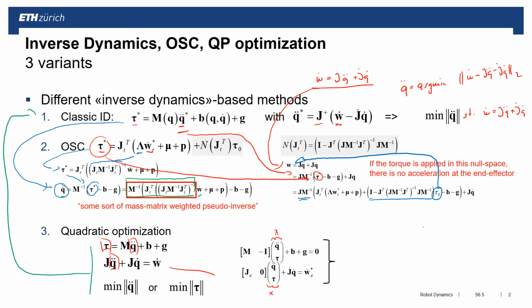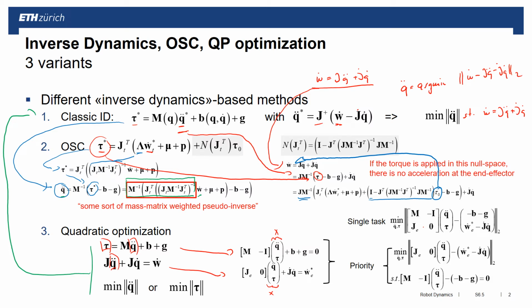And we formulate this task and this task as a function of x. And then we have an objective, which is also a function of x, and that allows you to formulate a simple minimization function as a single task optimization or a prioritized optimization, where all the time we have a single optimization vector for which we want to find the optimal solution in order to satisfy constraints and optimize certain objectives.